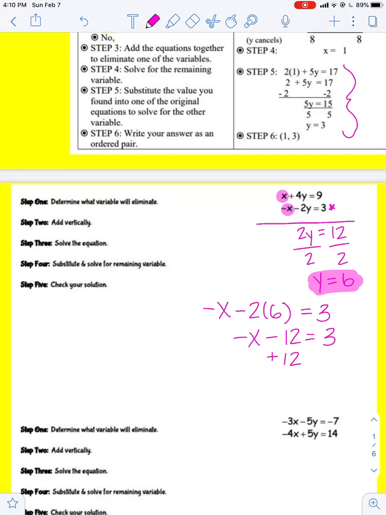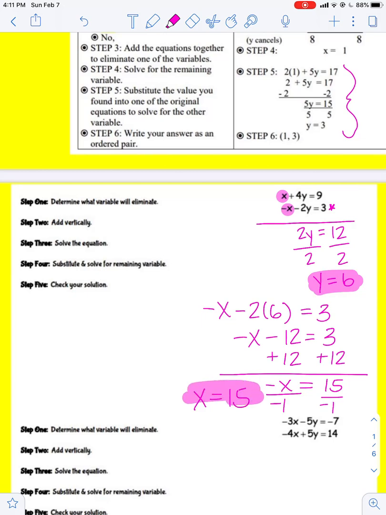I'm going to add 12 to both sides, and I'm going to get negative x is equal to 15. Then I'm going to divide by negative 1 to get x is equal to negative 15. And that is going to give me the coordinate point of negative 15, 6 as my answer.